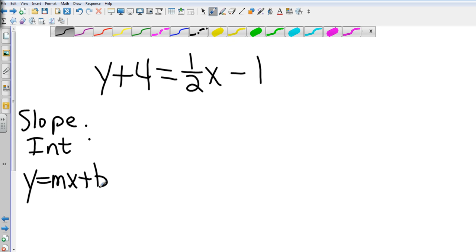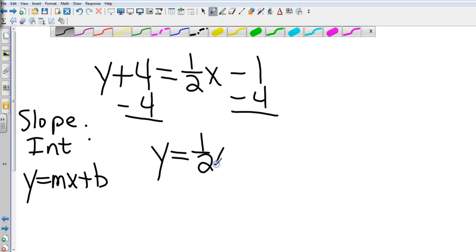So if I want to get the y by itself, all I have to do in this case is move that 4. So I'm going to subtract 4 to both sides. And in slope intercept form, that's going to be y equals 1/2 x, -1 minus 4 is -5.